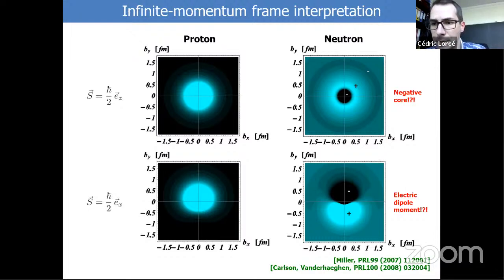In that context, people usually work in the infinite momentum frame because that's also the setup in which you do the experiments. You hit the proton with a probe with very high energy, high momentum. So from the point of view of the projectile, you see the proton as if it was moving with almost the speed of light. So in high energy experiments, it's natural to think in terms of infinite momentum frame distributions.